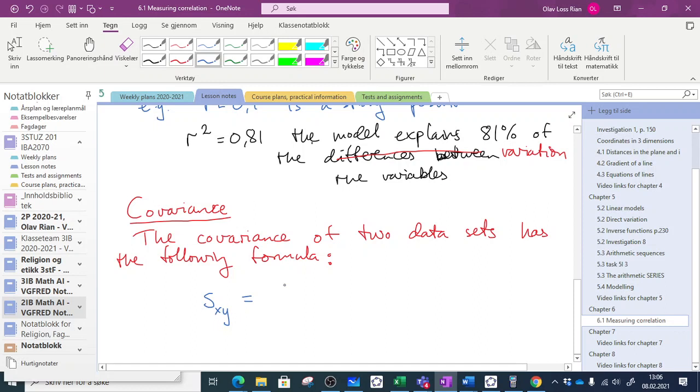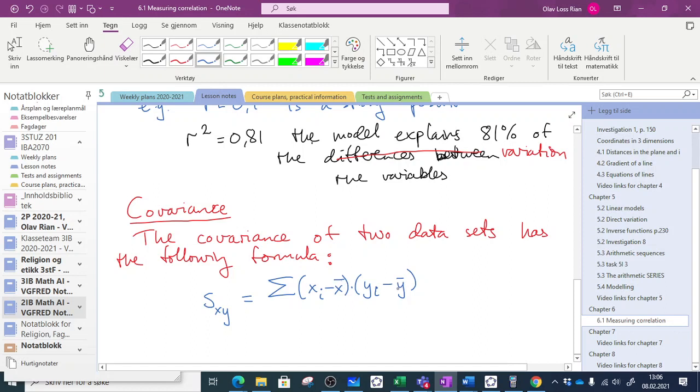And it's the sum of the product, or all the products of these x values where we subtract the mean every time, and then we do the same with the y values like this.